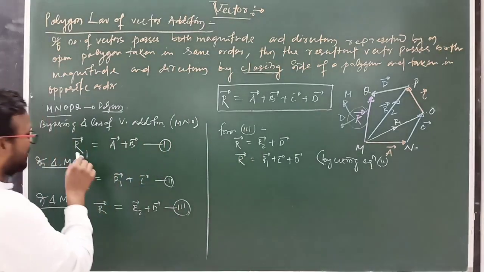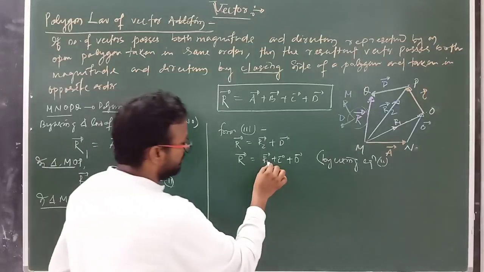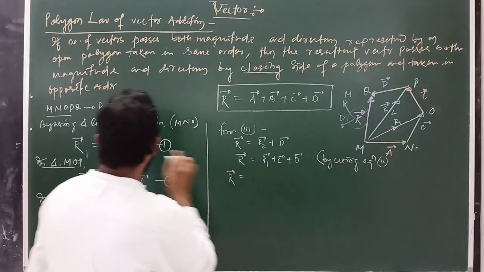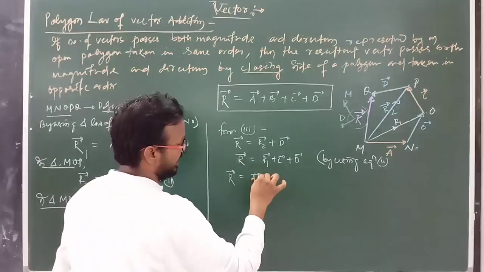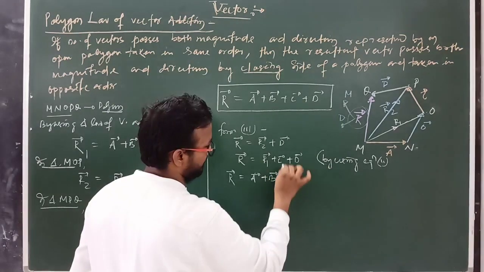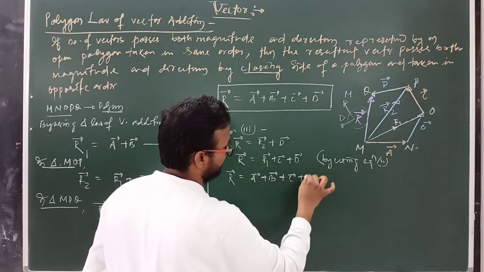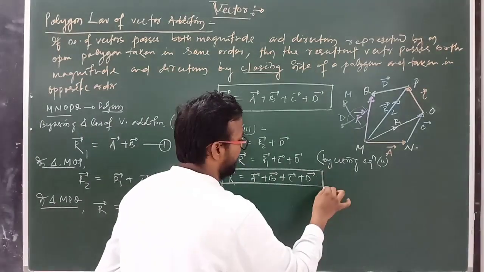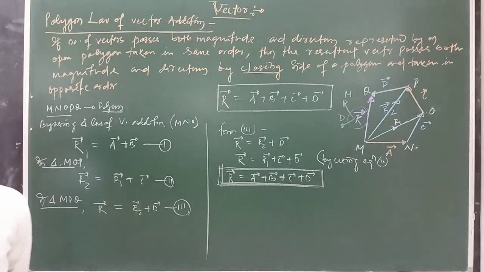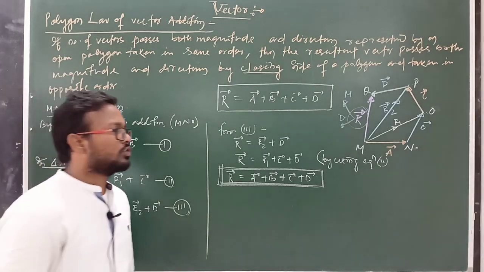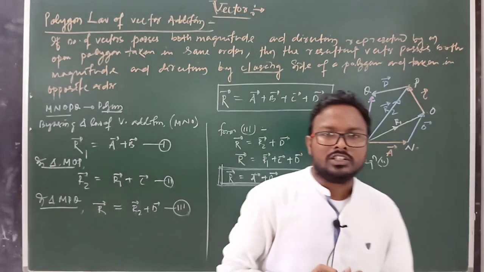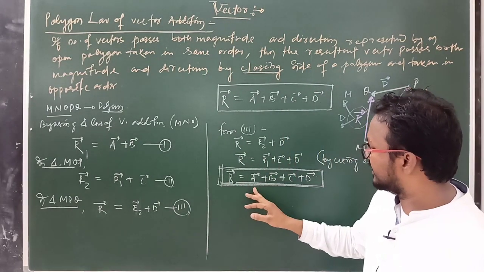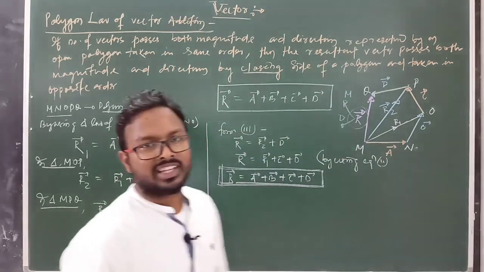Again R1 vector is given as A plus B, so using this value, R vector equals A vector plus B vector plus the remaining vectors C vector plus D vector. This is the proof. In this way you can prove the polygon law of vector addition: if a number of vectors, more than 2, represent magnitude and direction, then by using the triangle law you can prove the resultant R vector equals A vector plus B vector plus C vector plus D vector.